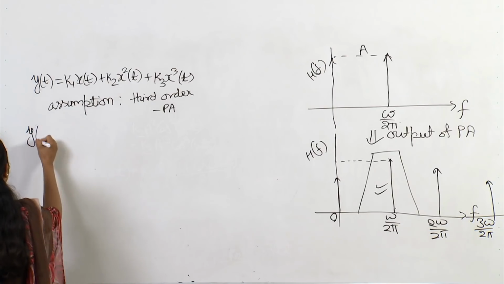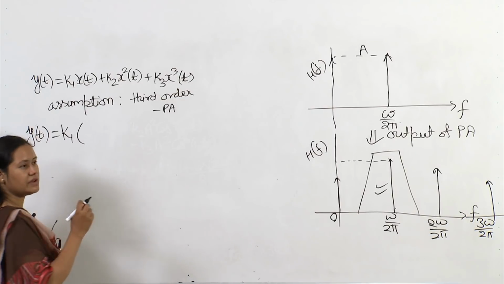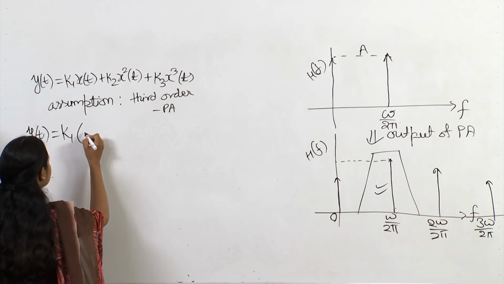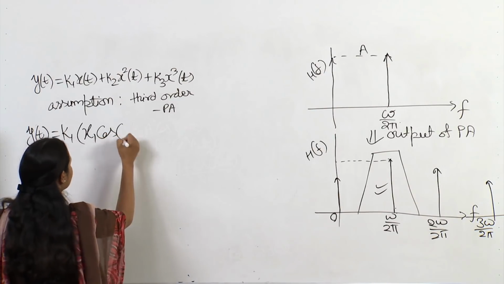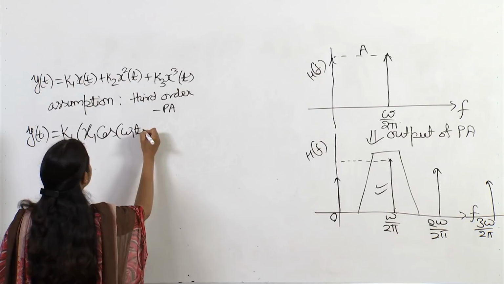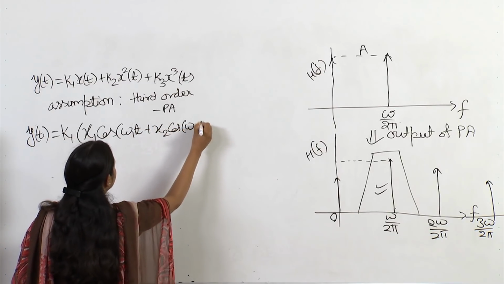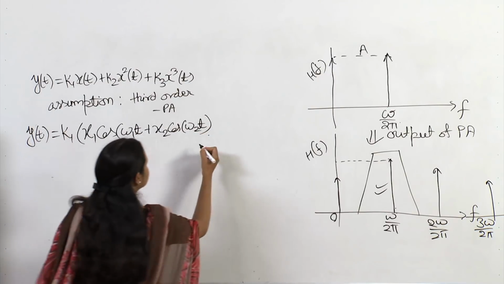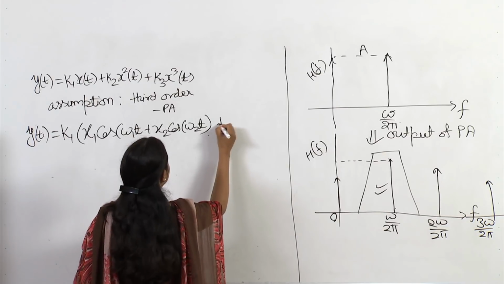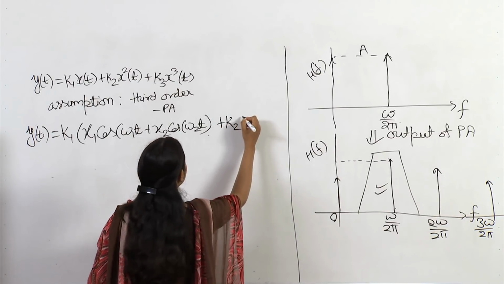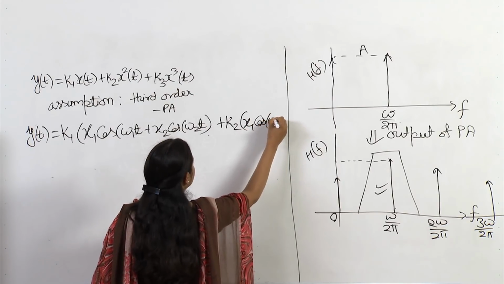So y(t) is k1, and instead of x(t) we are using our new signal which has the amplitude x1 cos omega 1t plus x2 cos omega 2t. Now the second term is the same, but with the square term.